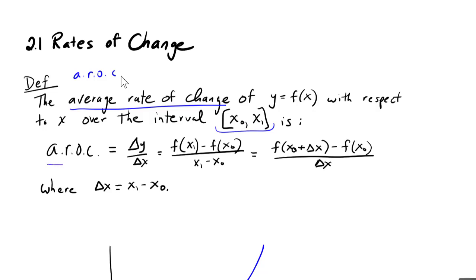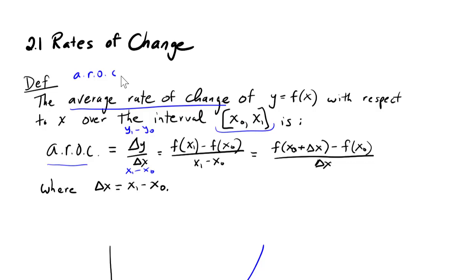We can calculate it as delta y over delta x, where delta is our standard change. In other words, delta y from x0 to x1 would be y1 minus y0, the later value minus the earlier value. And delta x would be x1 minus x0.